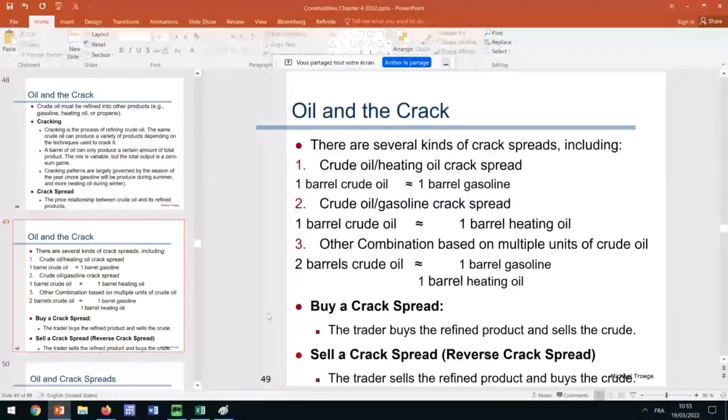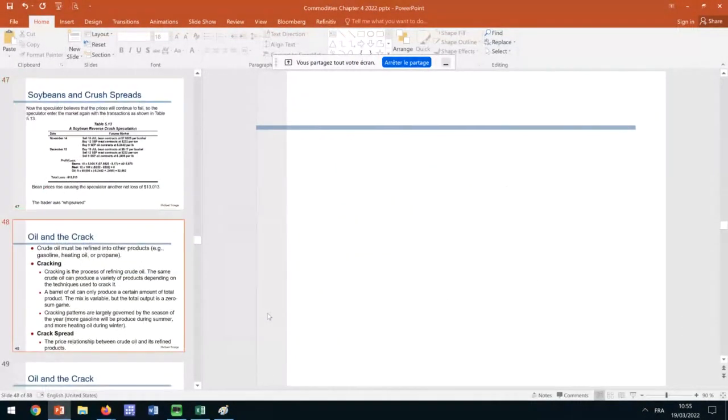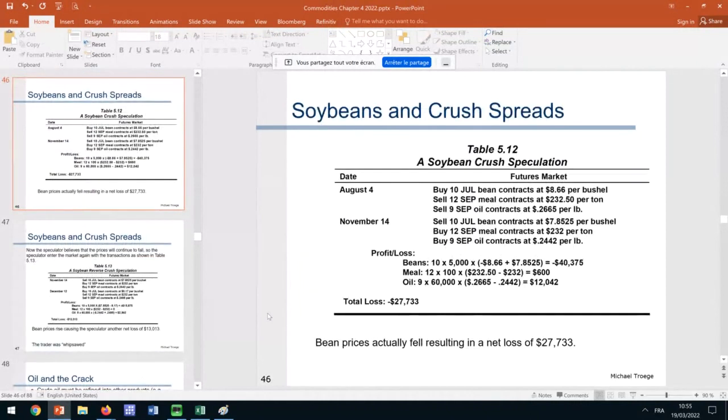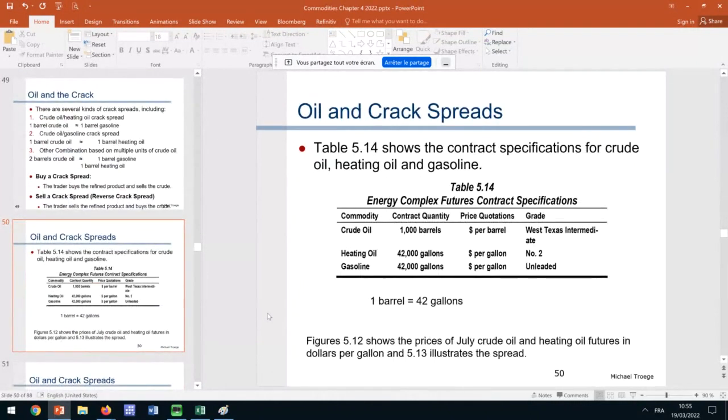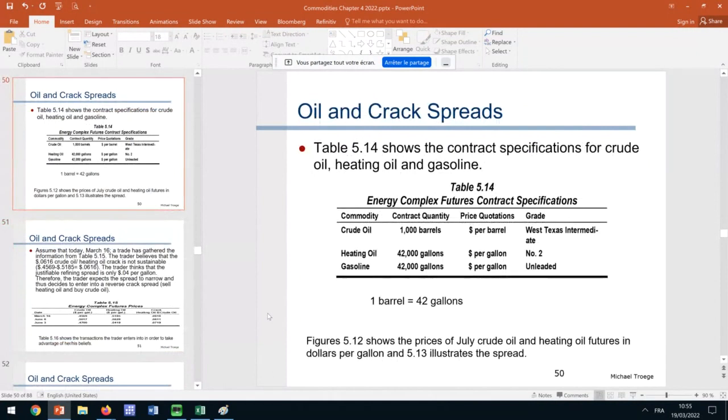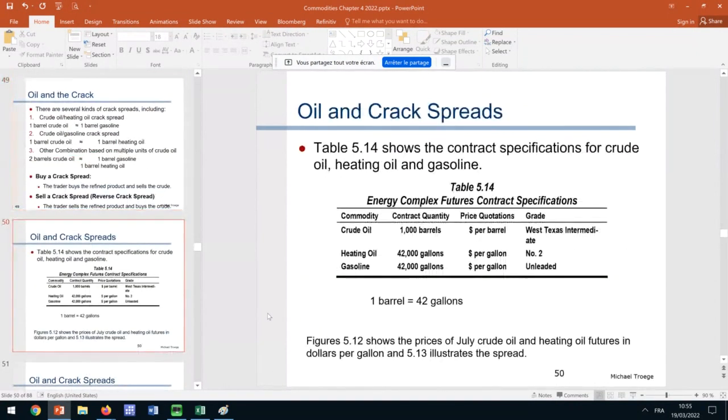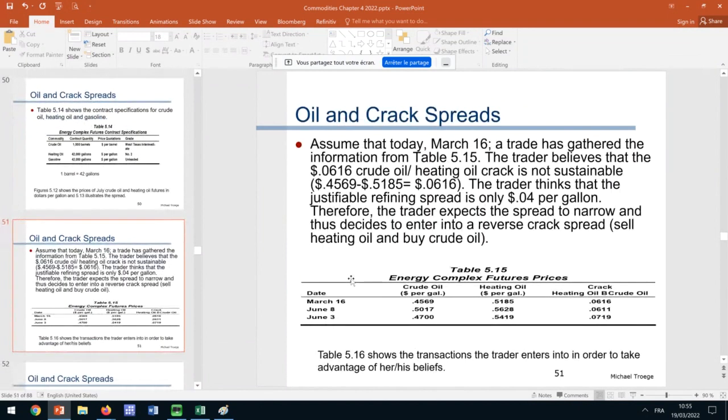Now you can do the same thing for the crack spread. The crush spread is soybeans. The crack spread is the same thing with oil and gasoline. You have crude oil as the input, and then you can have a certain number of outputs, so heating oil and gasoline, and again you have relationships.